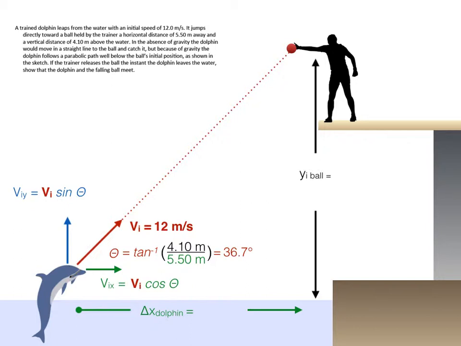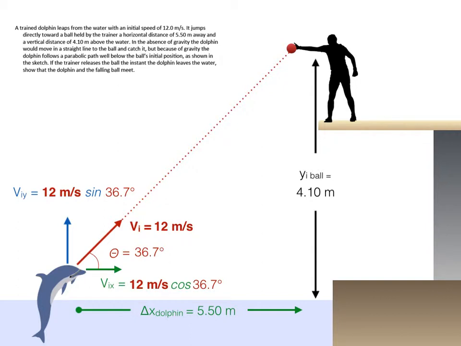That's the angle the dolphin is aiming upwards. Let's put those back and make our theta 36.7 degrees. Now that we have theta, we can plug that in. Our initial velocity in the x and initial velocity in the y can be found, because we have 12 cosine 36.7 and 12 sine 36.7.